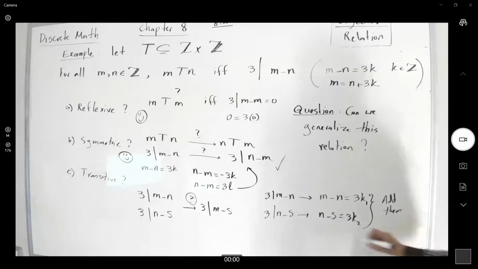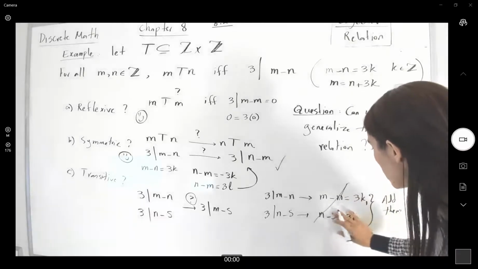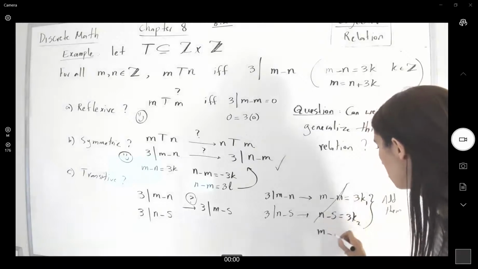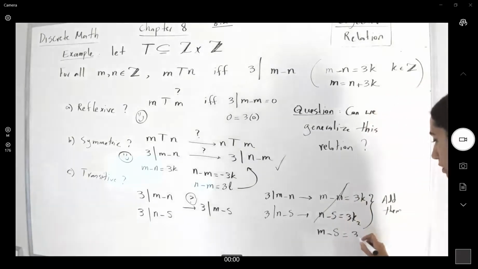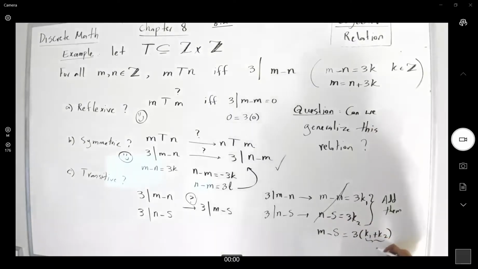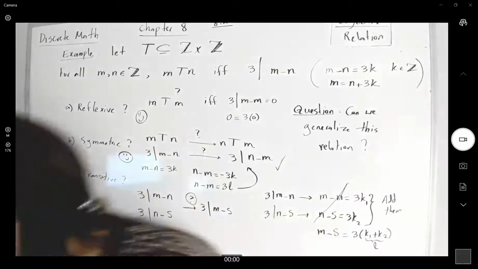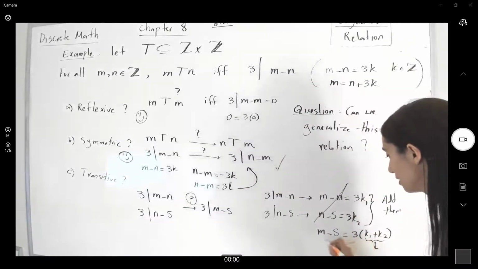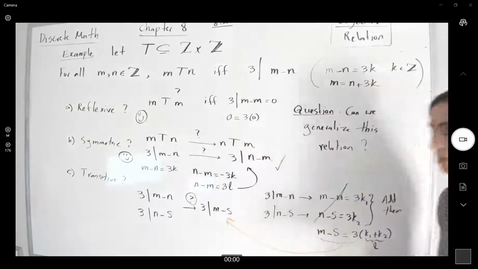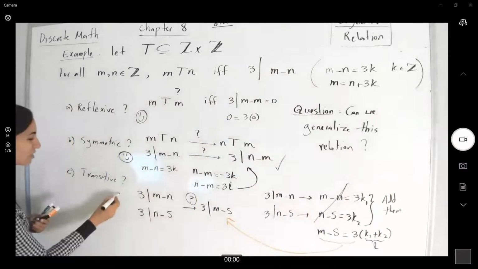If you add them, you can cancel out negative N and N. What's left? You have M minus S, which is equal to 3 times K1 plus K2. This can be called L. So 3 divides M minus S. So it is transitive as well.